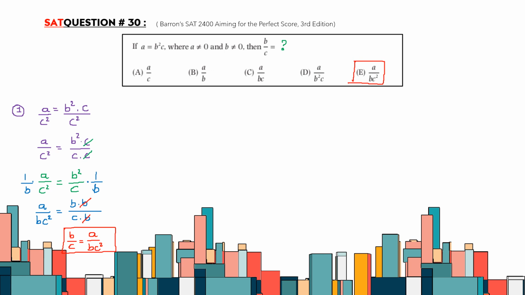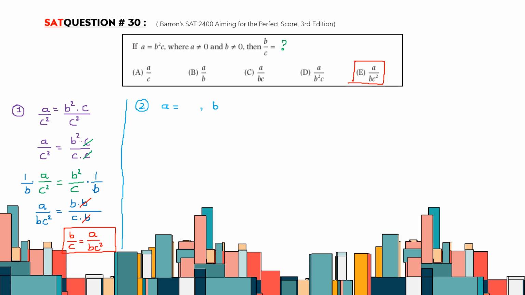So how about if we're not really familiar with working with the letters or the variables? Don't worry. We can check each of the answers by assuming values. Let's choose something easy to plug in, right?